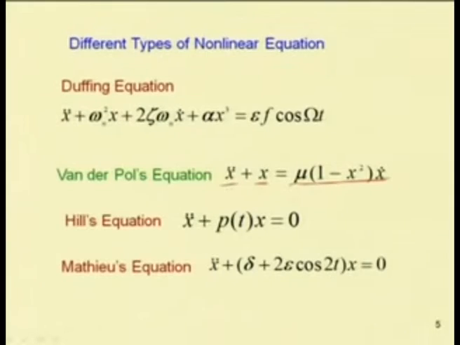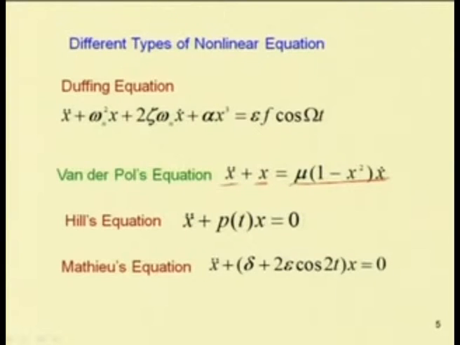For steady state response, I can take x dot and x double dot equal to 0. So, the steady state response will be x equal to 0. We can have a limit cycle near x equal to 0 in this case, because when the amplitude is increasing the system is stable, and when the amplitude is less the system is unstable.